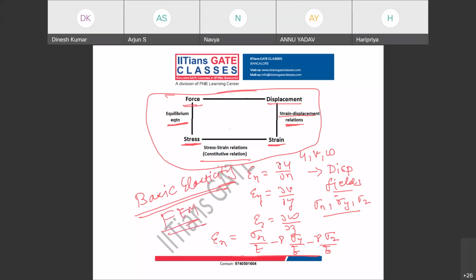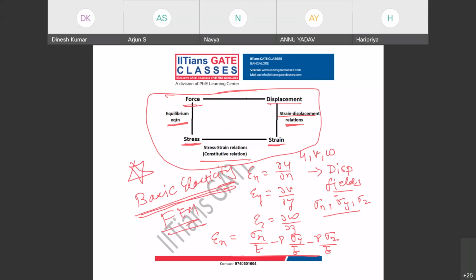FEM. So guys, if you are good in basic elasticity, it will help you a lot when you start working, or if you go for any interview in industry and want to work as a structural analyst, or if you go for any government job. This is one of the hottest topics from where people will ask you questions.